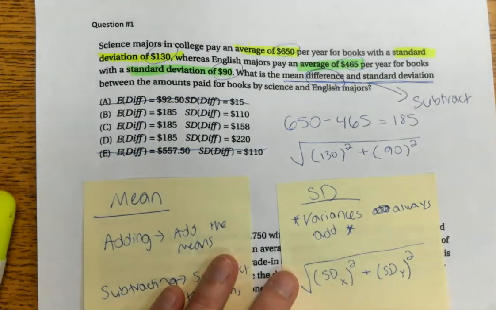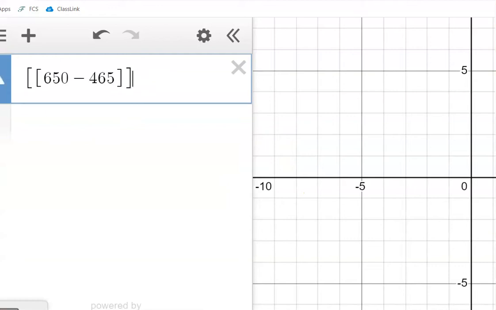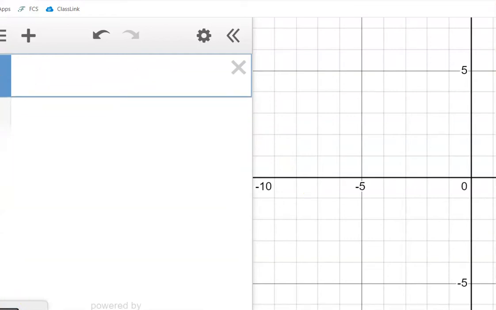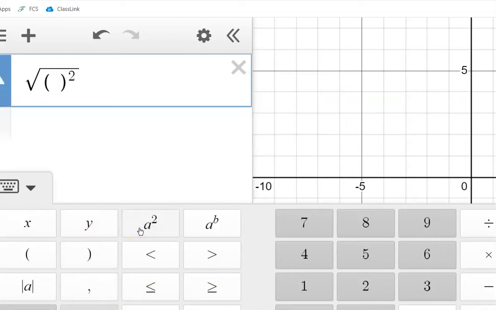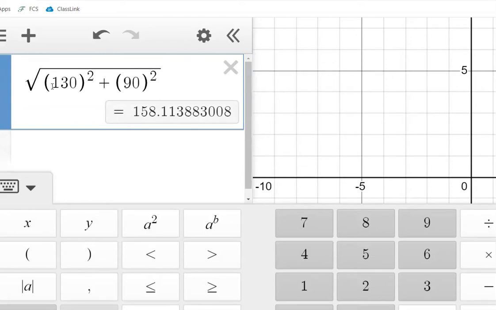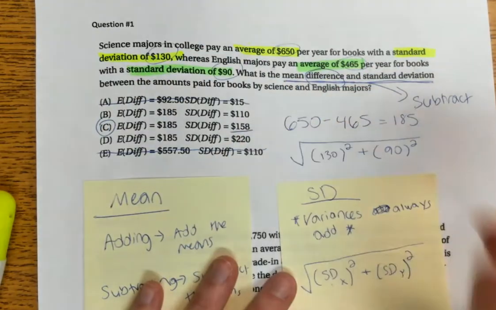Let me go back to Desmos and put it in just like that. I get 158.11, which is answer choice C, that 158.